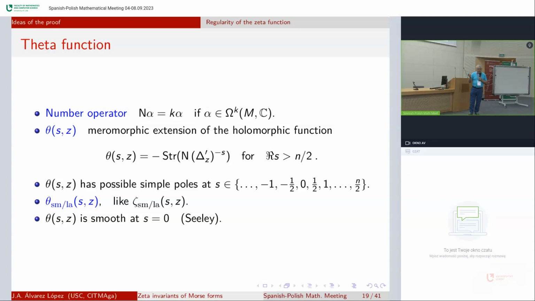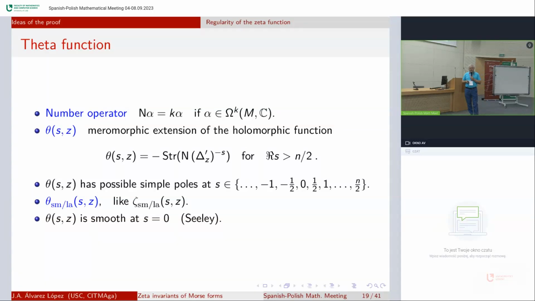This was used before, and as before, it has possible simple poles at the half integers and integers smaller or equal to half of the dimension. And then we can also define the small and large theta function, like the case of the theta function.